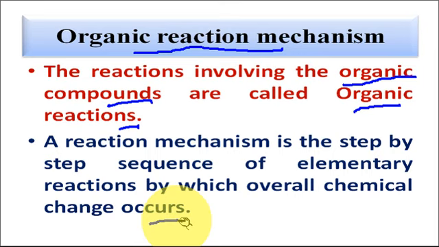So, the organic reaction mechanism is the study of the step-by-step sequence of elementary reactions of organic compounds. I hope it is clear to all of you now what the organic reaction mechanism means.